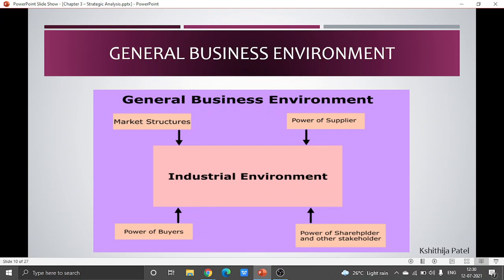Now, high barriers to entry may exist in the form of high initial capital cost the organization has to spend, or significant economies of scale enjoyed by the existing firms, or the high level of promotional cost which the organization has to face for introducing a new product in the market, or use of inaccessible and sophisticated technology by existing firms, the government policy, etc. As against this, if there are low barriers to entry, then there will be high risk of new entry, thereby reducing the profit margin of the existing firms.